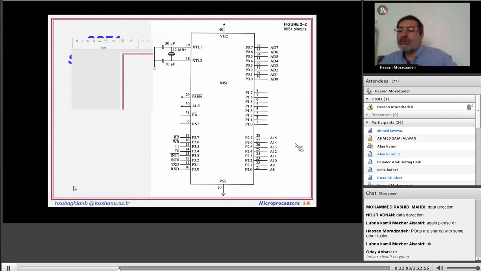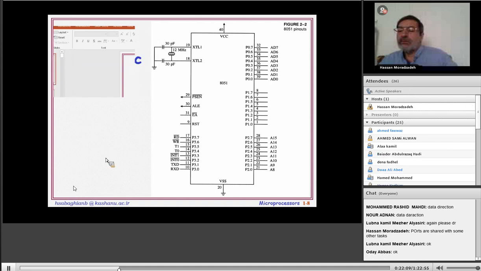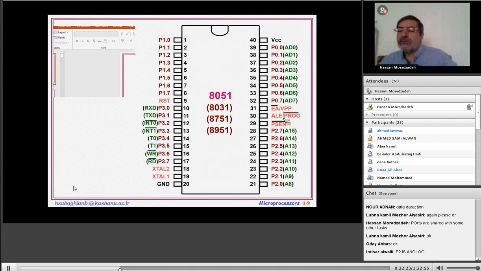The pinouts in another landscape: P0.0, P0.1 to P0.7, port 1, port 2, and port 3, okay? P0 may be used as address bus and data bus 0 to 7, etc., as in the last slide.